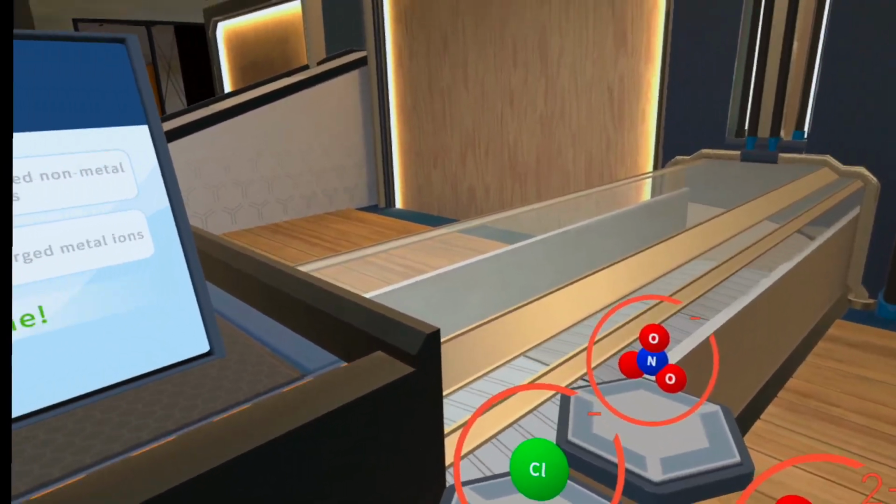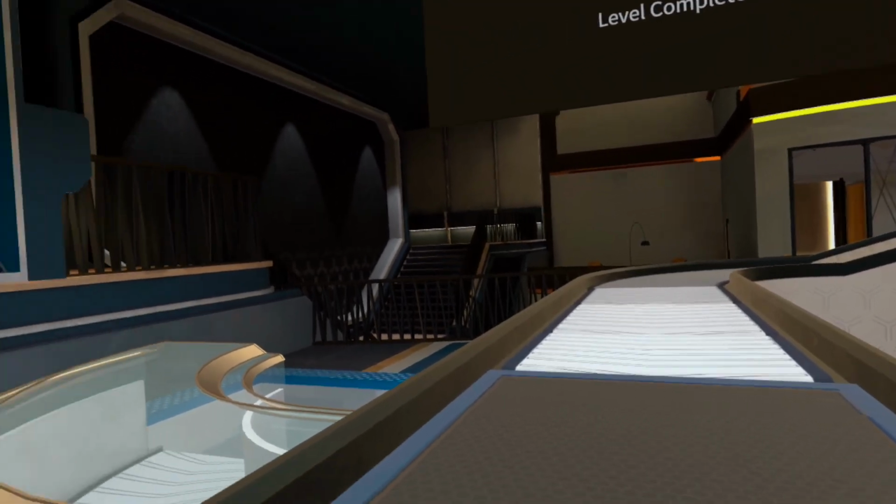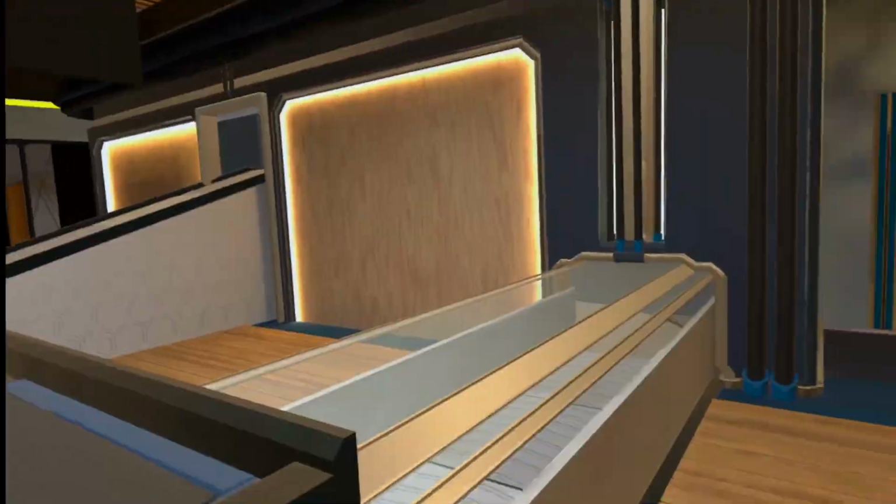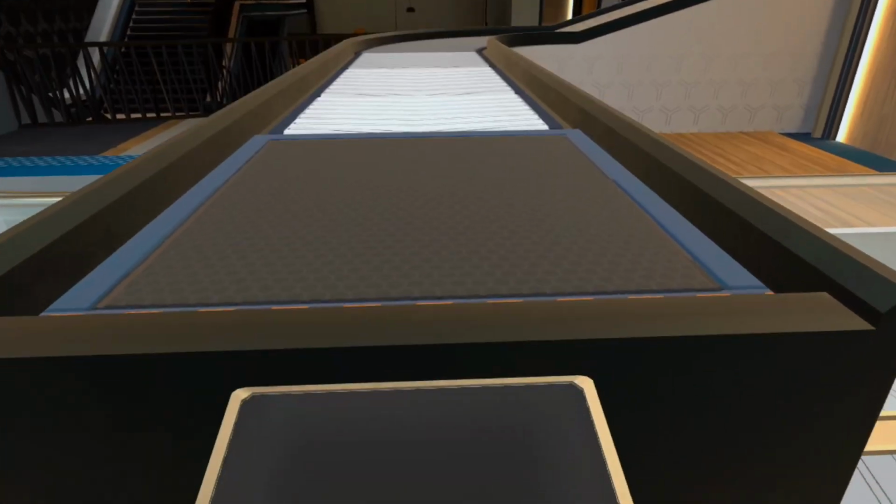Good job! Assemble the salt written on the crate.